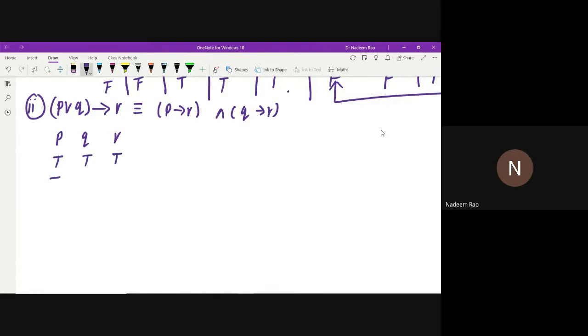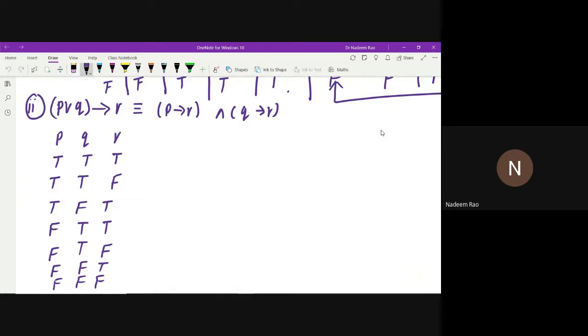Then true, true, false, then true, false, true.